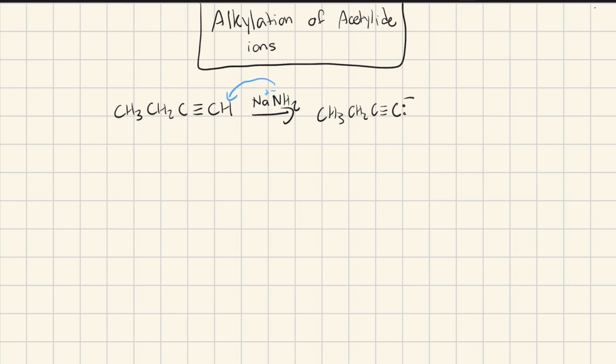Now, if we interact this strong nucleophile with, say, CH3Br, or any alkyl halide, we will do an SN2 attack on the carbon, and the bromine will leave, and we'll be left with CH3, C with the triple bond, and then we extended it by one carbon. We made 2-pentyne from 1-butyne.